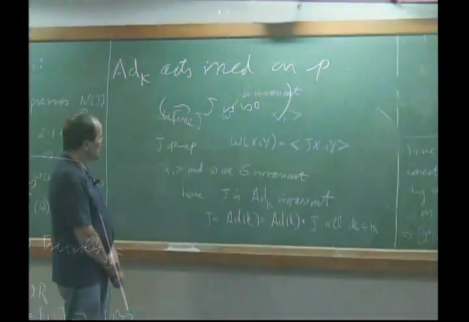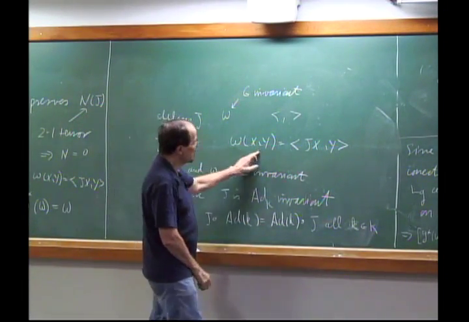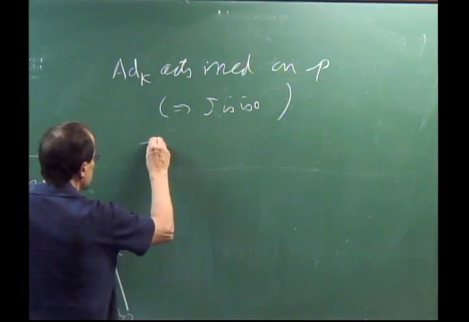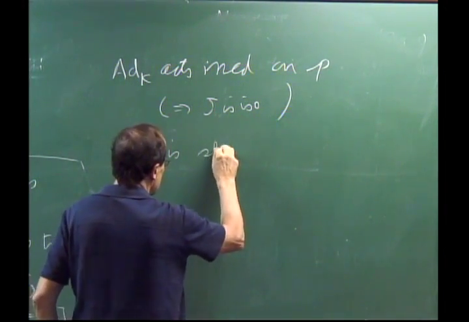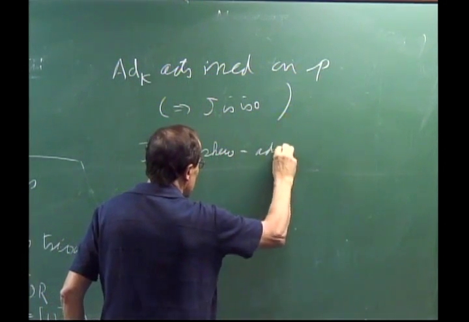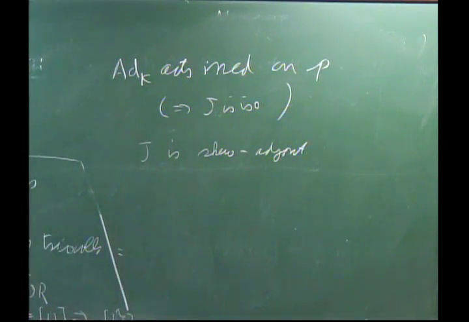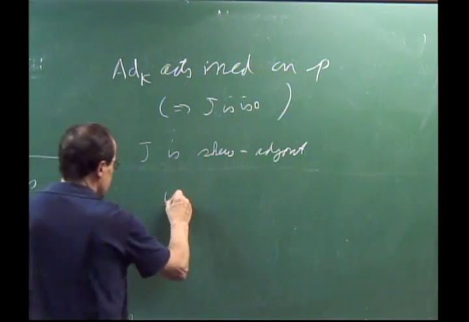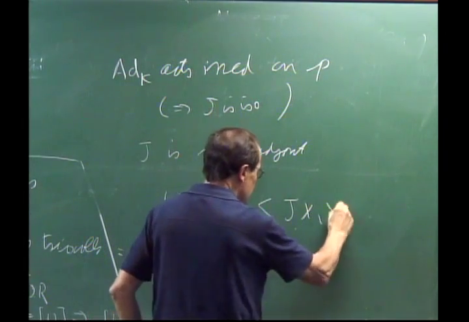Also, what do I know about J? I only know at this point from this equation here that J is skew symmetric, so what is that? Skew adjoint. Right, omega is skew symmetric, so we've done this computation before.